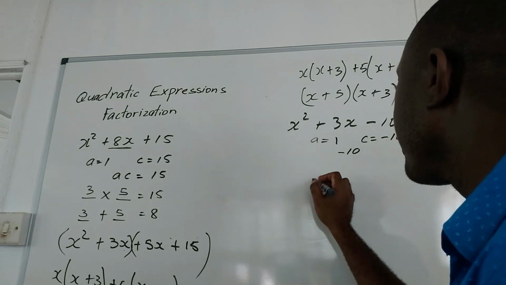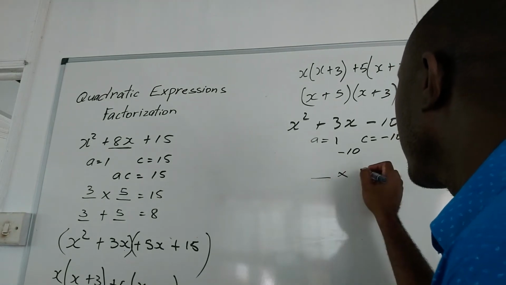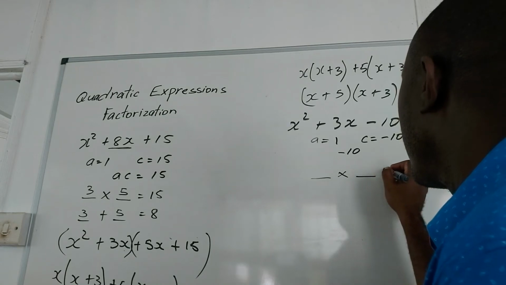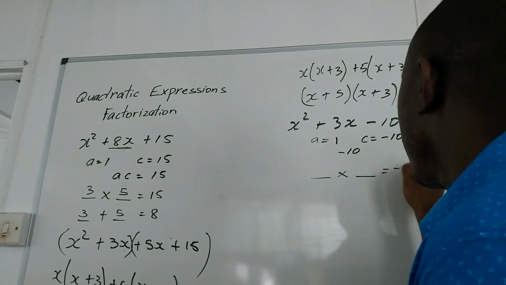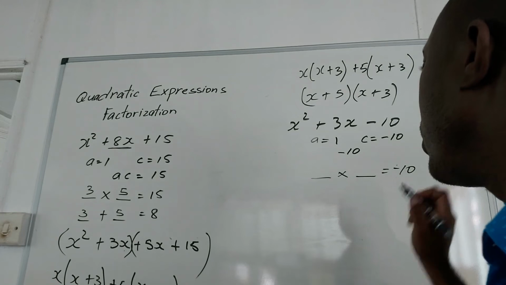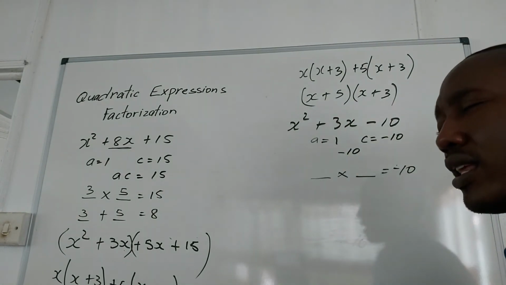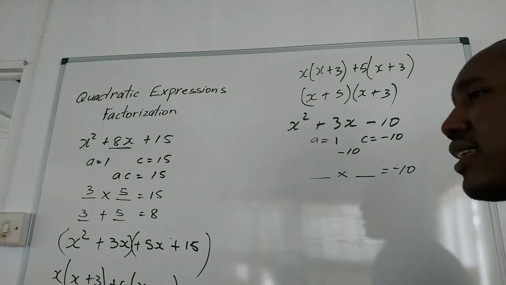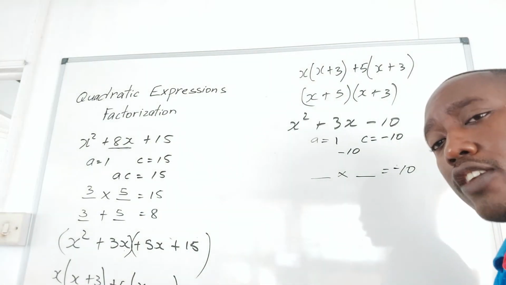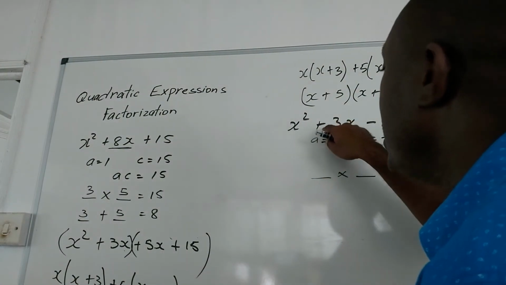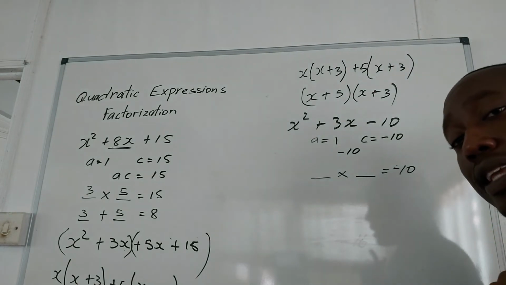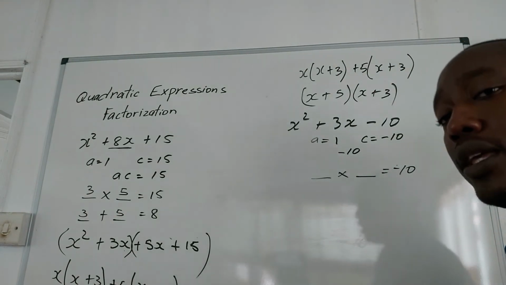Now notice also that the b is positive, and we said when we were doing multiplication of binomials, if b is positive, it means the larger one will be positive.